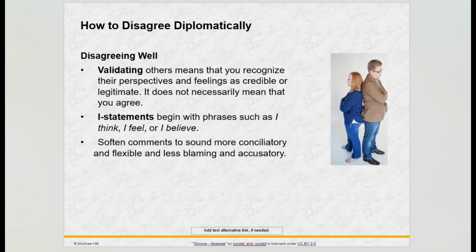You want to avoid being judgmental in your response. Instead of using you statements, you want to use I statements. That way you are being accountable for your side of the story, by starting with I statements: I feel, I think, I believe. Avoid using you statements. And for the most part, that is a great summary of chapter 3.